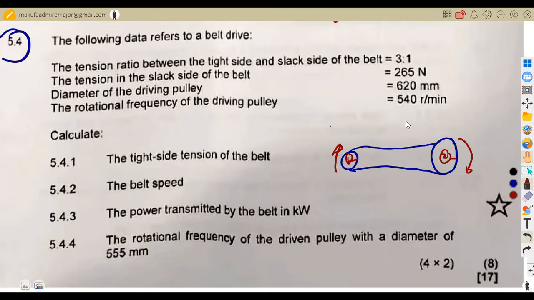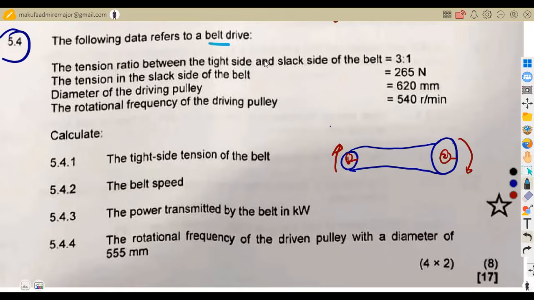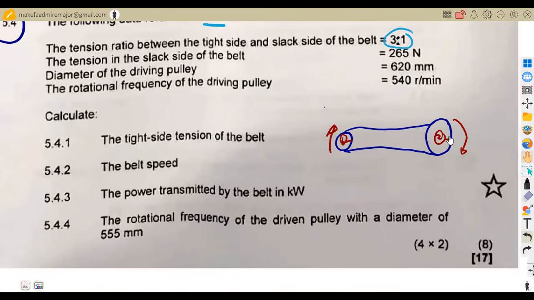So we are given from this information the tension ratio between the what we talk about a belt drive. Then we've got the tension ratio, which is 3:1 in this case. We've got a tension ratio. Remember, tension ratio is taken from what? From the ratio between the tight side and the slack side.